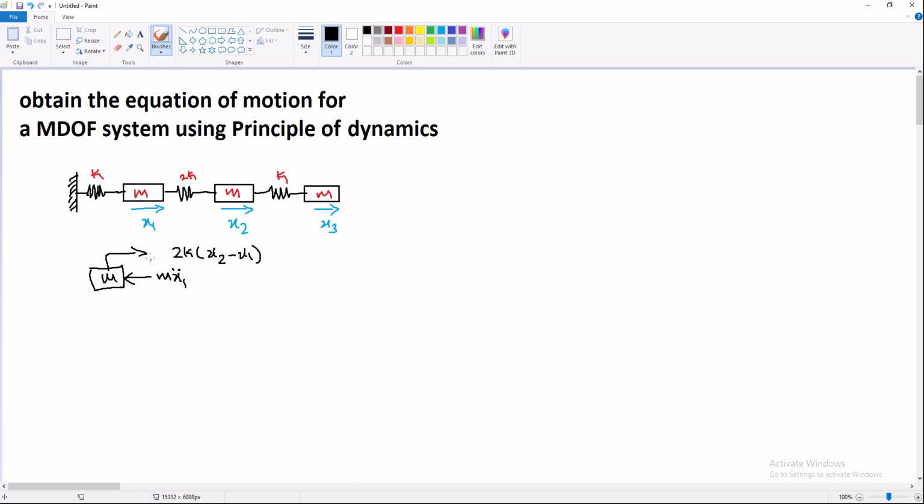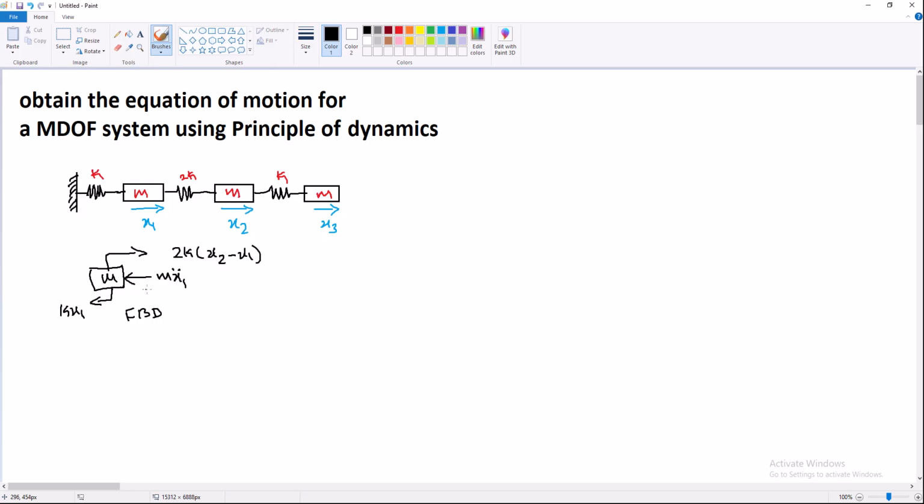Again, for this mass one more stiffness k is connected, acting in this direction because it is behind that mass, which gives k x1. Here x1 is the displacement of the particular mass to which that stiffness is connected.